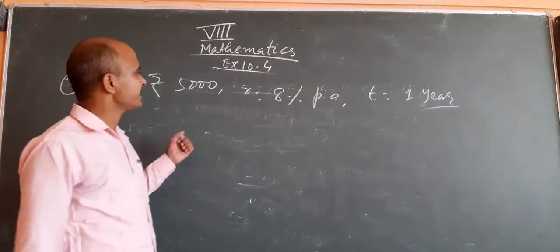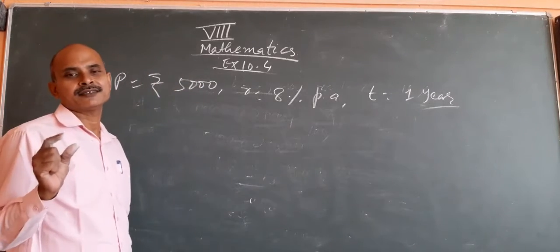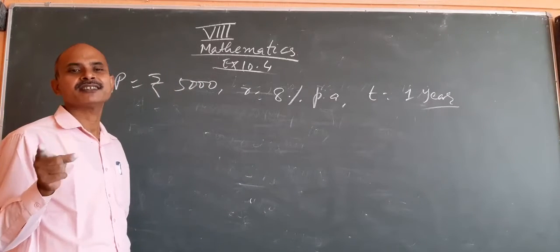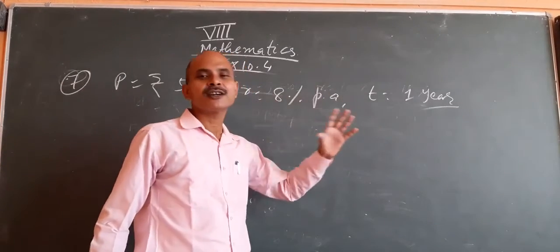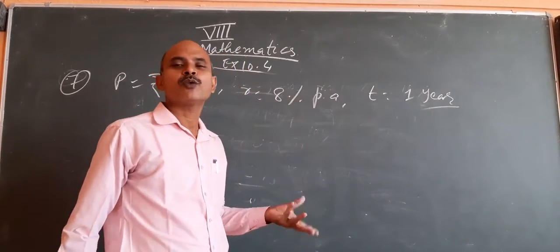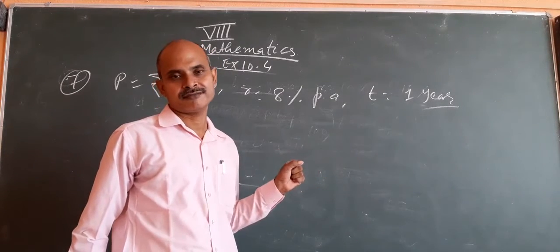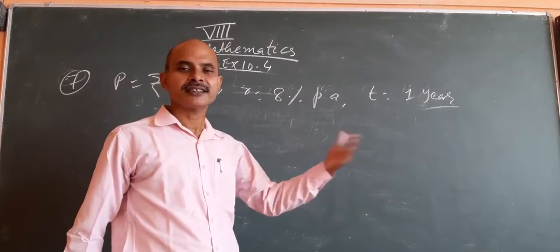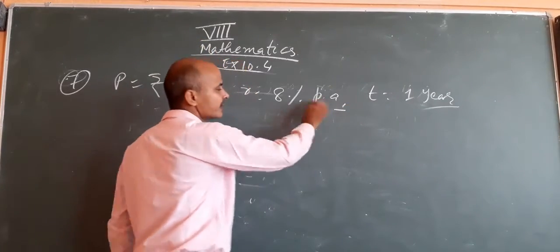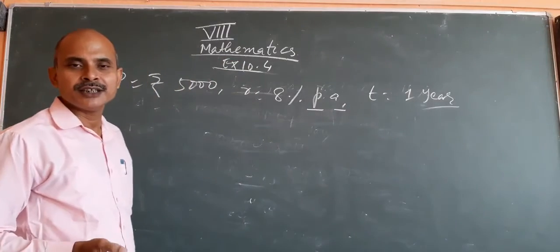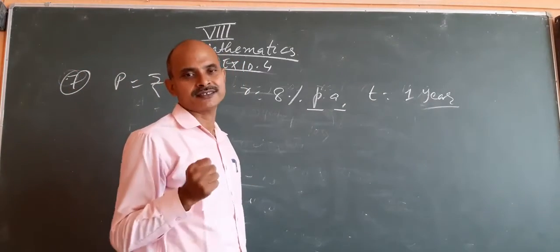The difference is interest is compounded quarterly. Quarterly means after every 3 months. And this rate is per annum. You know that in a year how many quarters are there? 4 quarters.